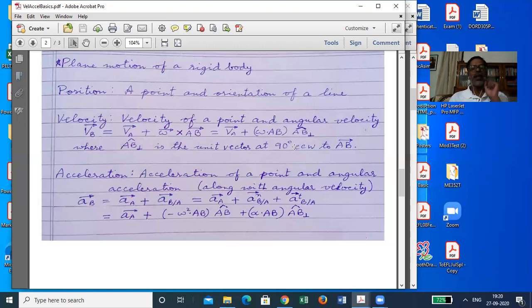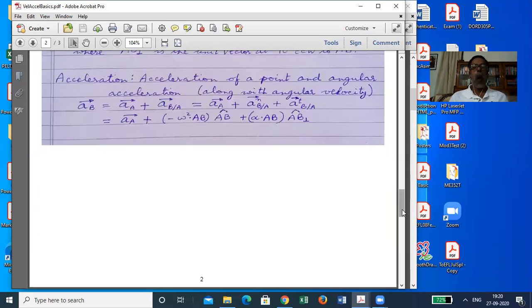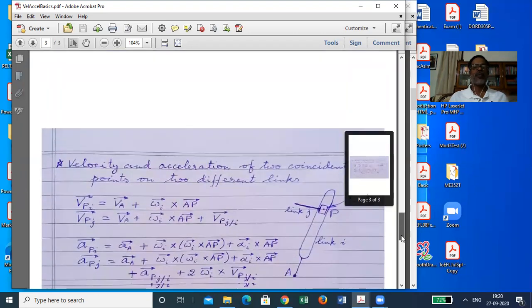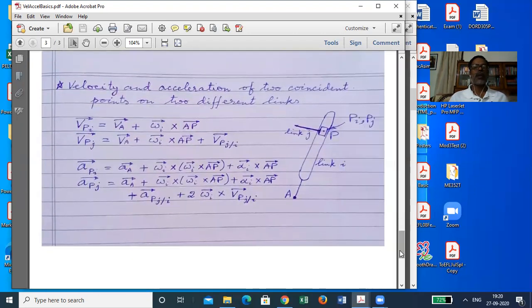There is one more tricky point which we should clear, and it will appear now and then. And that is this. Sometimes it happens that you are interested in the motion of a point as belonging to one link and as belonging to another link.